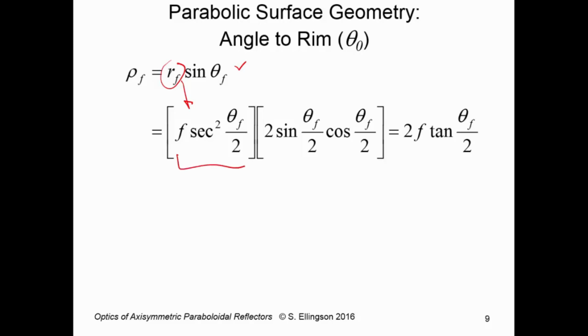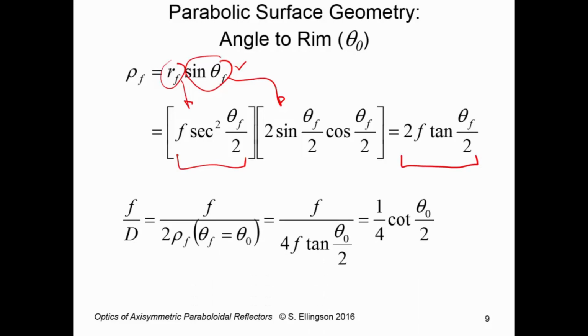So that's this expression. Sine theta sub f, that's a trig identity: 2 sine theta sub f divided by 2 cosine theta sub f divided by 2. And we multiply those two things together, and we find out that rho sub f is 2f times tangent theta sub f divided by 2.